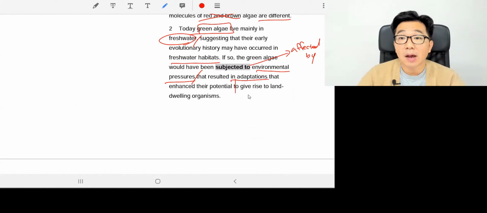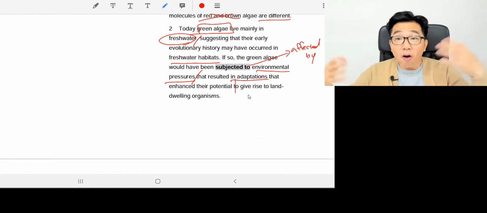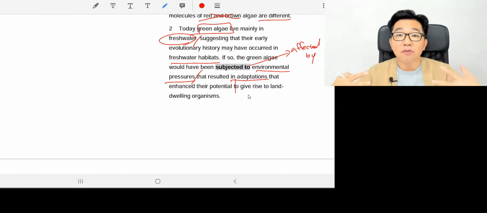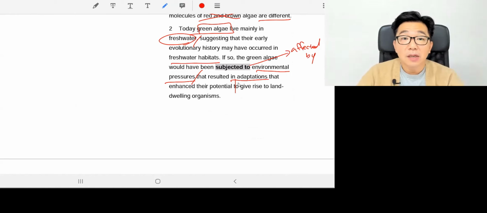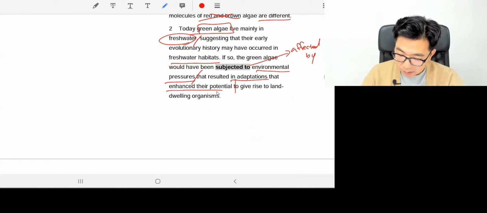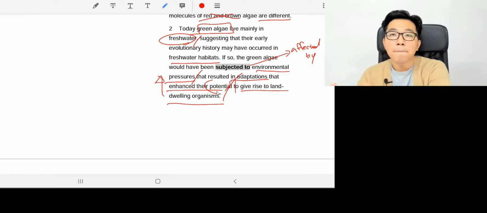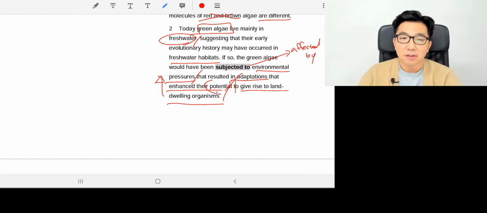Like how Homo sapiens, how humans evolved, we were different from millions of years ago. We evolved to the state that we are in right now. Adaptations that enhanced their potential to give rise to land-dwelling organisms. So they must have adapted to evolve, ultimately to become land plants. Sounds amazing, but scientifically it seems to be true.